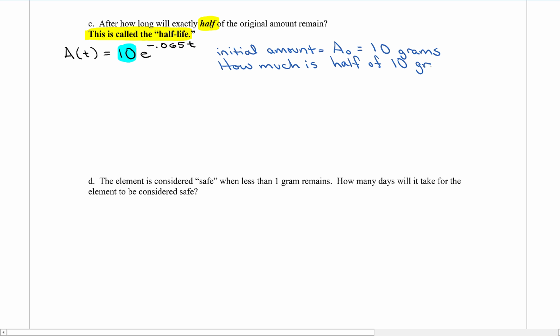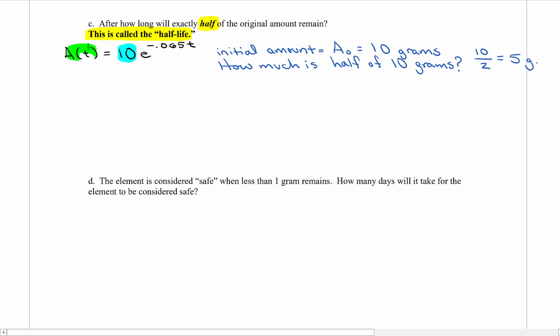In order to find half of 10 grams, I'm going to divide 10 by 2. 10 divided by 2 is going to be equal to 5 grams. So we want to find how long it will be until exactly 5 grams are left of the original amount.